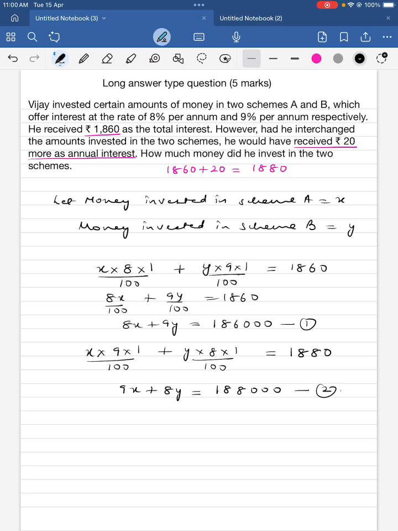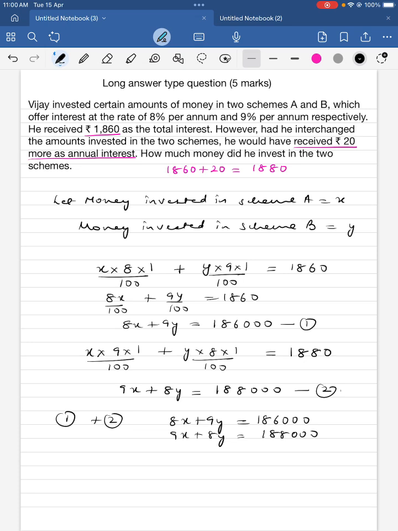Now, in order to solve the question using a simple method, I'm going to add up equations 1 and 2 first. So what were the two equations? 8x plus 9y equal to 1,86,000 and 9x plus 8y is equal to 1,88,000.